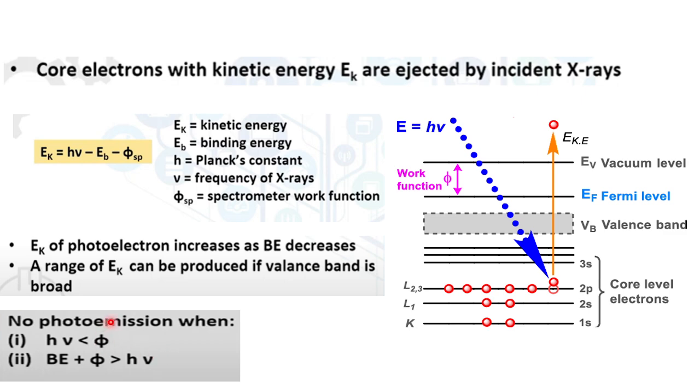No photoemission takes place if h nu is less than binding energy plus work function. So h nu must be greater than the sum of binding energy and work function, then only it can eject the electron. When that electron is ejected after overcoming the work function and binding energy, the kinetic energy is what we actually determine from XPS.